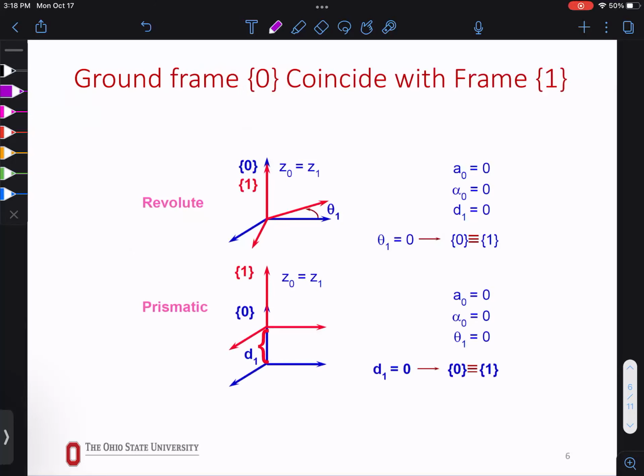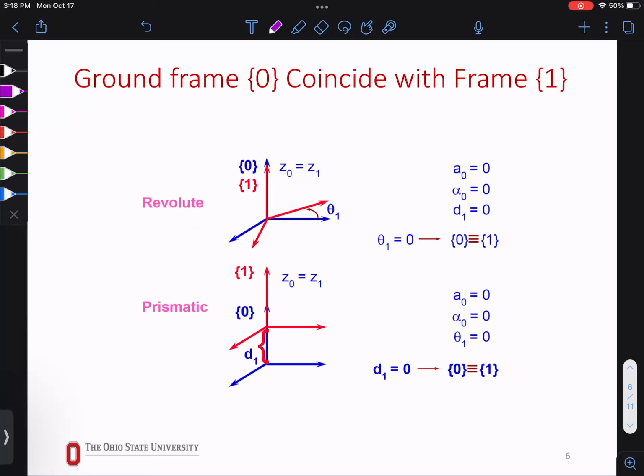All right. So here is when your ground frame or base frame, frame 0, coincides with your frame 1. So let's say you had a revolute joint. If blue is your base frame and red is your frame 1, at time 0 and theta 1 is 0, both of them are in the same direction, right?